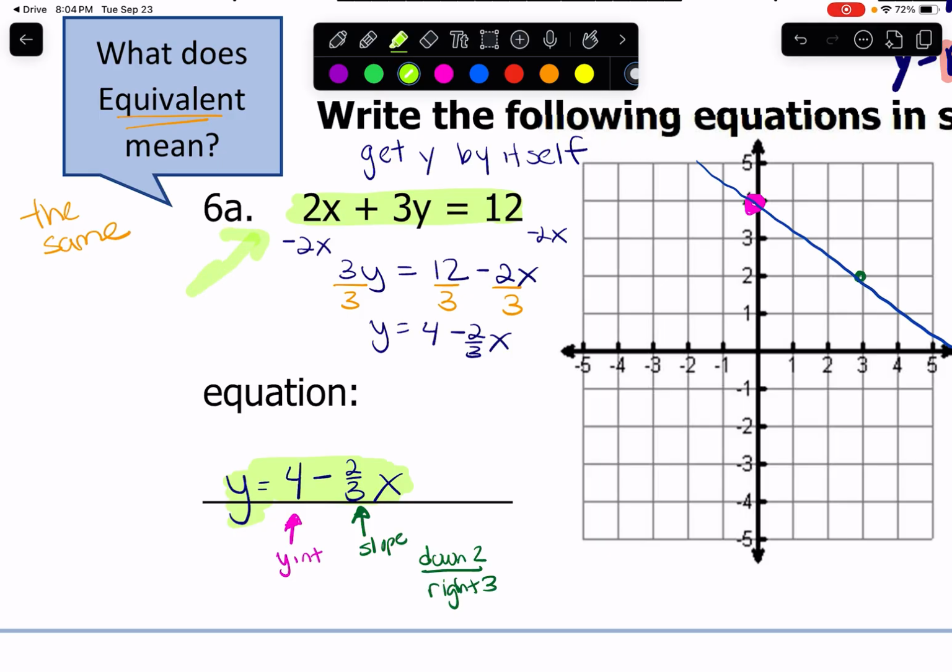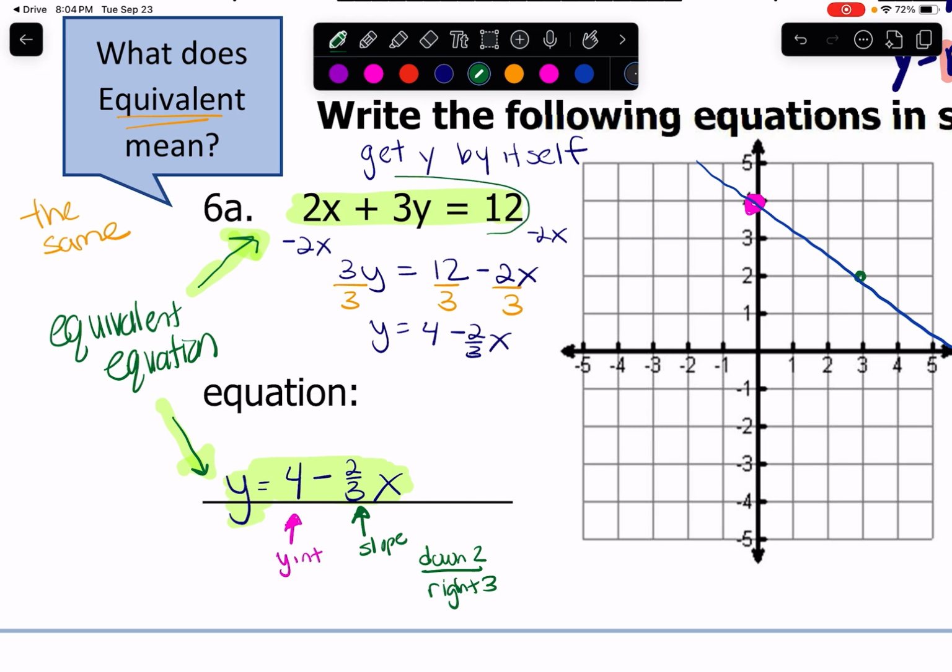These two equations are what we call equivalent fractions. Or sorry, that's not right. Equivalent equations. These are equivalent equations. It just means that they are the same.